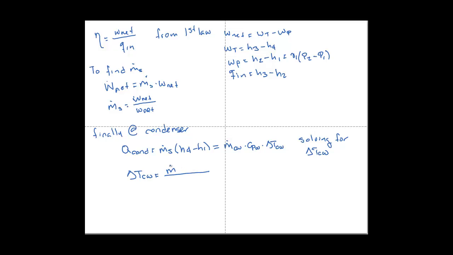So solving for the temperature rise, we know that is the mass flow rate times the enthalpy difference. This is the heat rejected by the condenser, and it's divided by the mass flow rate of cooling water times the CP of this cooling water.